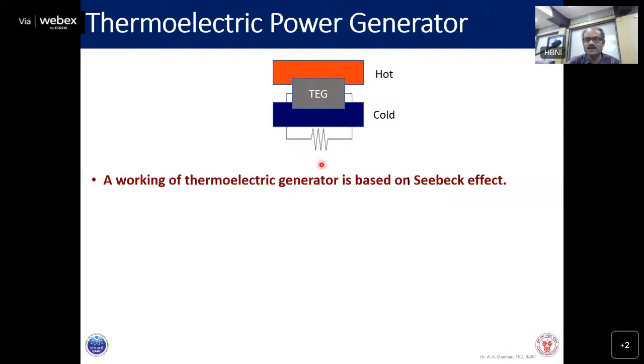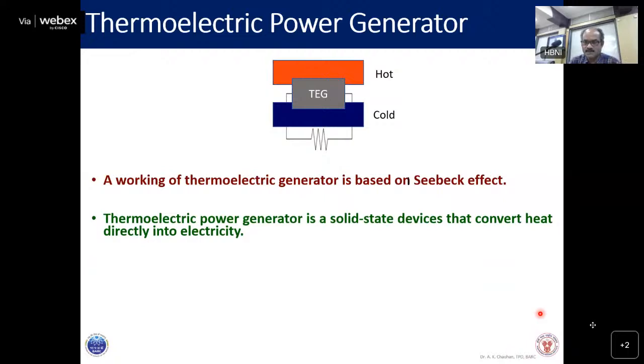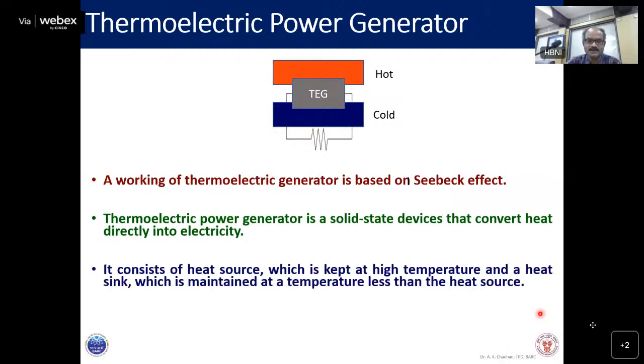Generally, these devices are low voltage and very high current devices. The working of a thermoelectric generator is based on the Seebeck effect. A thermoelectric power generator is a solid state device that converts heat directly into electricity.